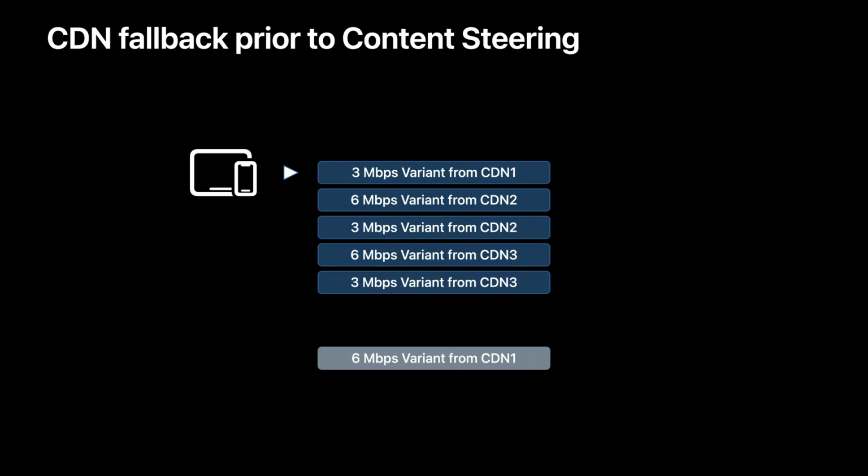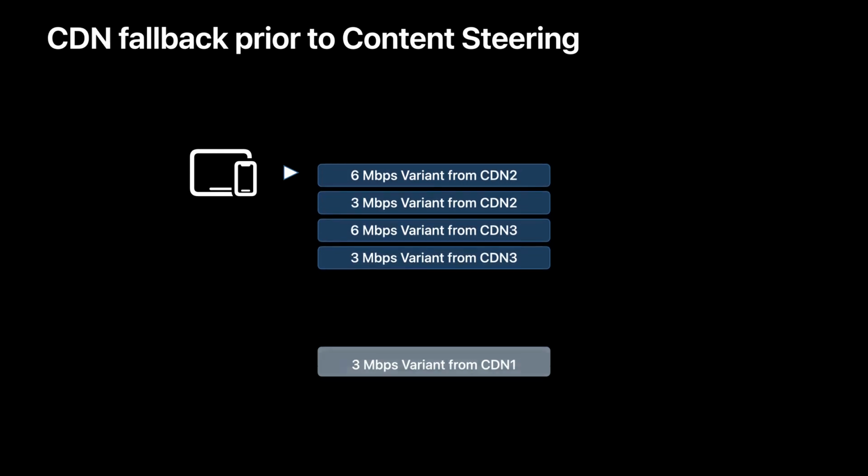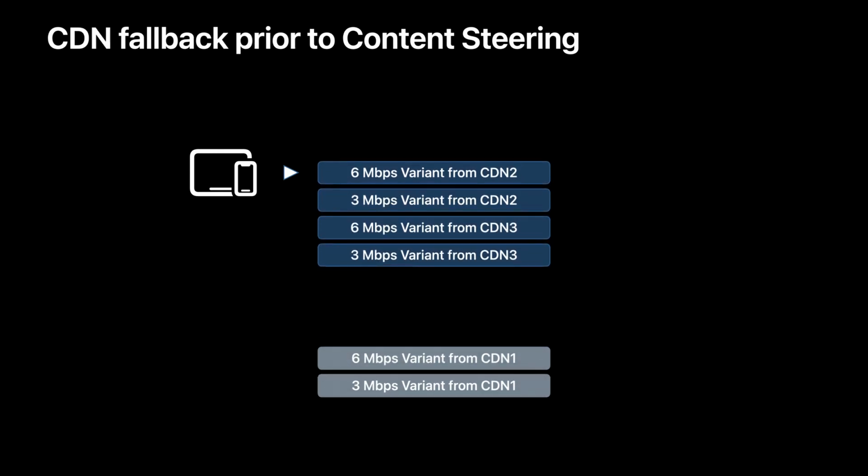In this case, we see that the client player had trouble with the 6 Mbps variant from CDN1 and thus moved on to the next 3 Mbps variant from CDN1, following the order in the multivariant playlist. If unfortunately the 3 Mbps variant from CDN1 also failed, the client player will be left with no variants from CDN1 and move on to the 6 Mbps variant from CDN2.